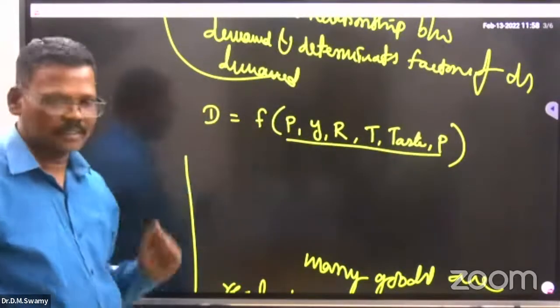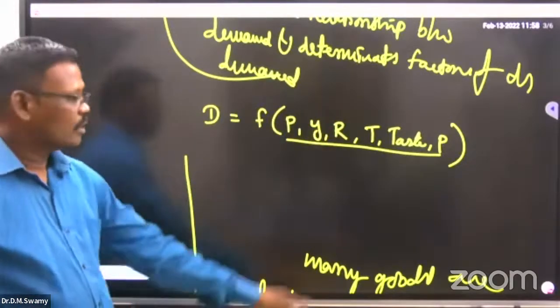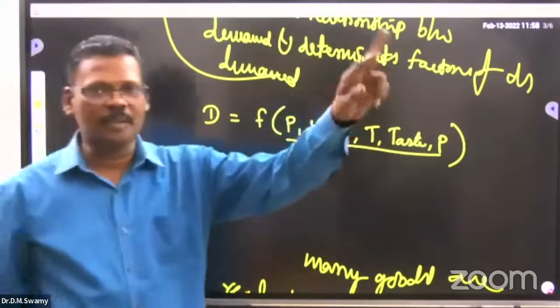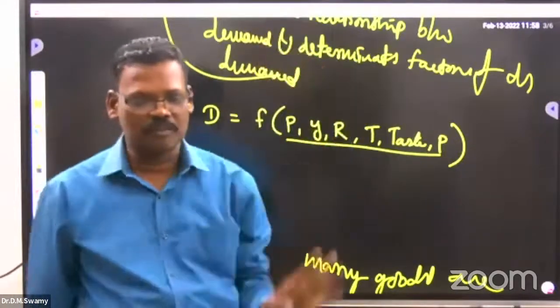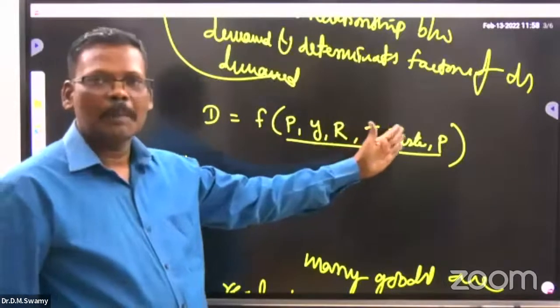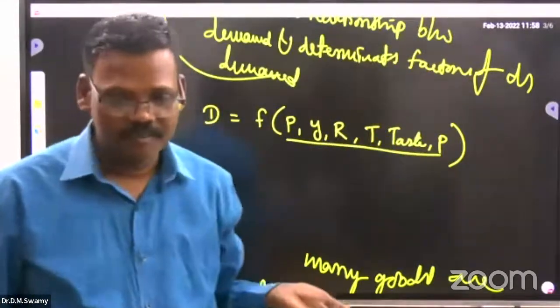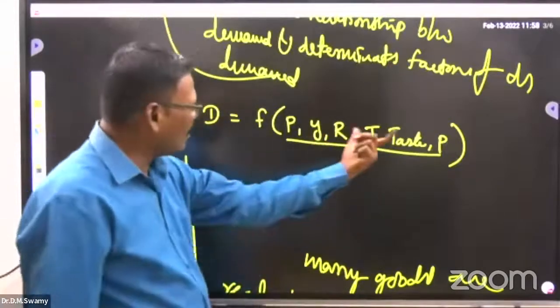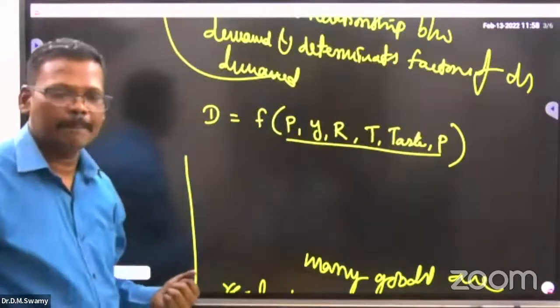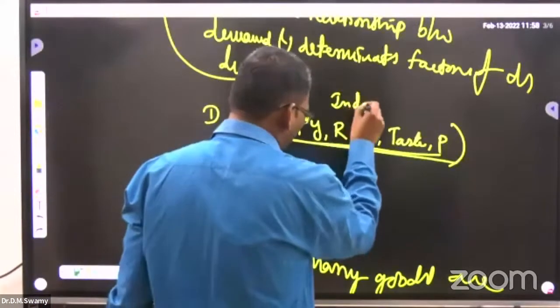P means price. Y means income of the consumer. R means related goods like substitution goods or complementary goods. T means time. P means place. T means taste and preferences. All these are called determinant factors of the demand. All these are independent variables.